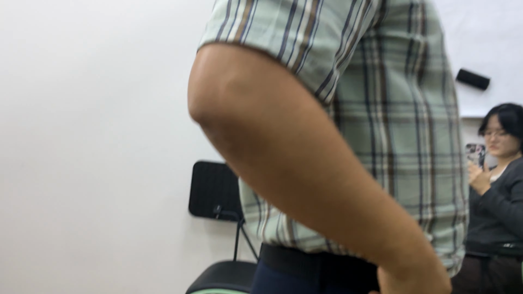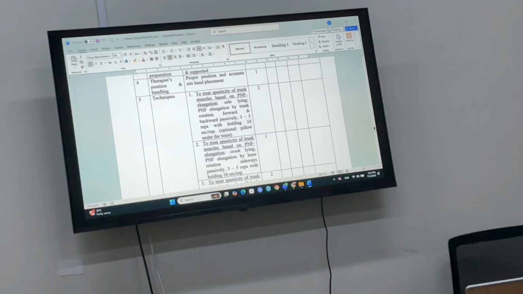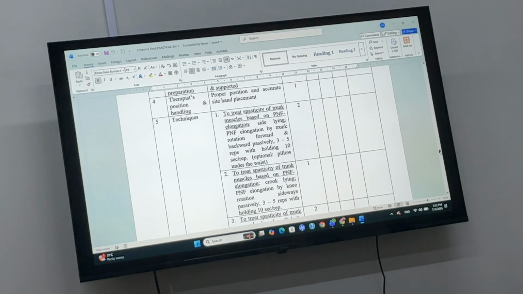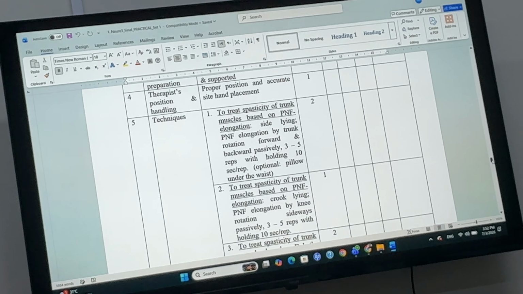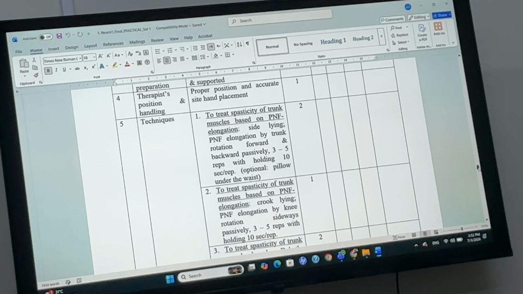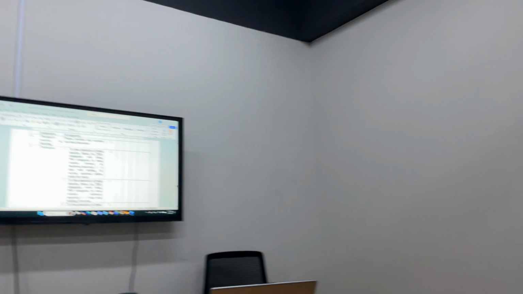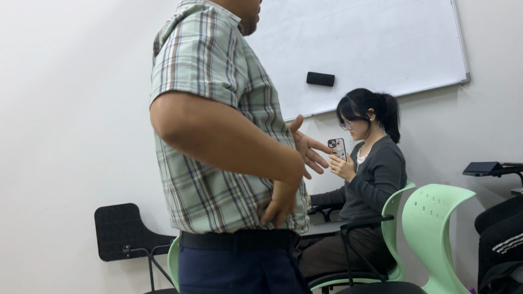Bobath says that you use regaining of posture and trunk control to normalize your hypertonus. So you are using your good hand to assist the trunk control away from the midline, so that it will elongate your hypertonic muscles. So that is Bobath.